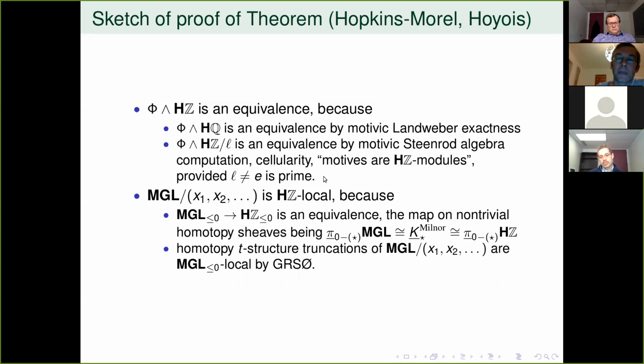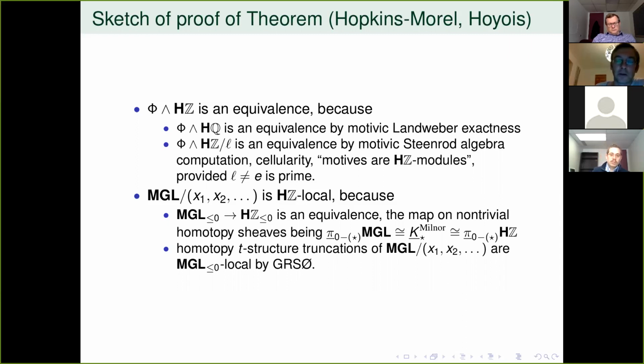And this homotopy group statement also involves that basically modules over an Eilenberg-MacLane spectrum are the same as motives. So this simplifies some arguments. And this works only if l is a prime which is different from the exponential characteristic.